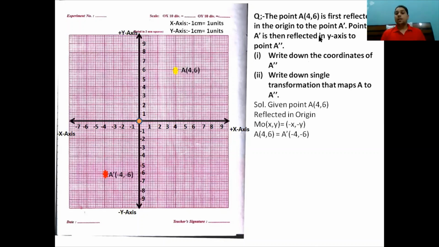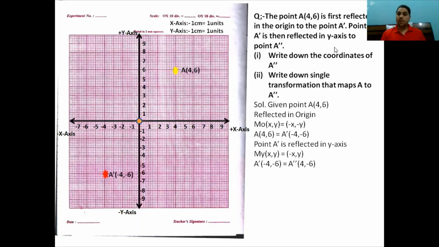Then point A' is again reflected in the y axis. First it is reflected in the origin, then it is again reflected in the y axis. If it is reflected in the y axis, we just have to change the sign of the abscissa.